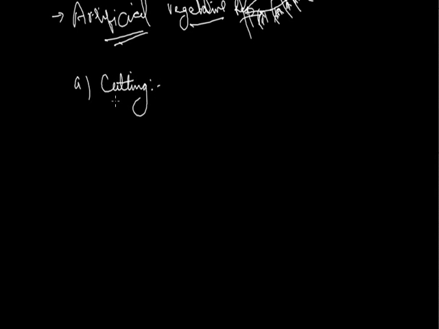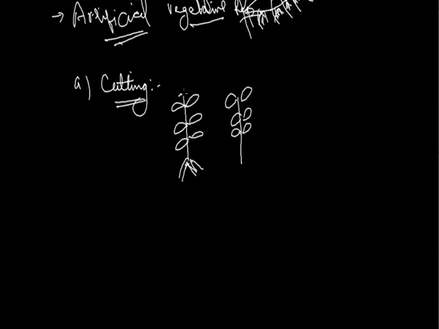What we actually do in this is, cutting means a person, for a beneficial purpose, is cutting. Suppose there is one plant and another plant. This plant has a very good root part or stem part, but the flowers which come on the aerial part are not good.